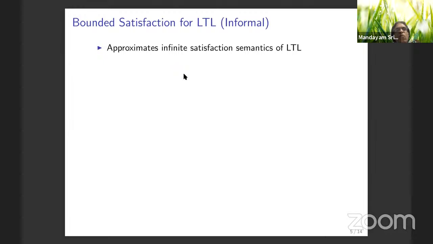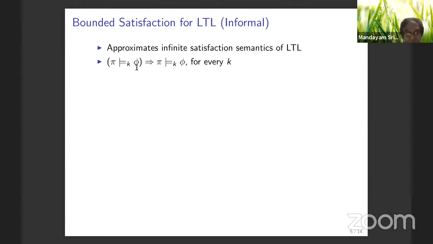So what is bounded satisfaction, which is the basis for generation of the BMC formulas? It approximates the infinite satisfaction semantics of LTL that you just saw in the previous slide. We say that an infinite path pi satisfies an LTL formula phi with bound k, written this way.